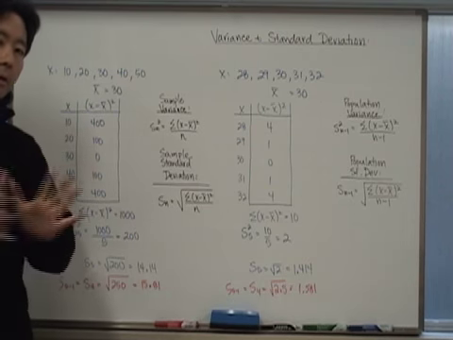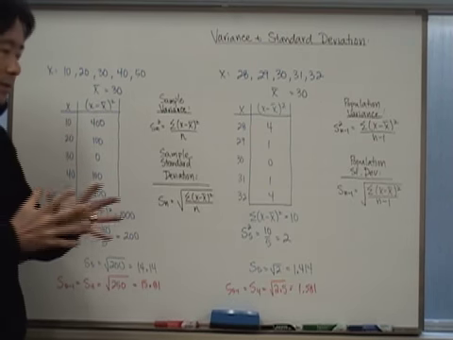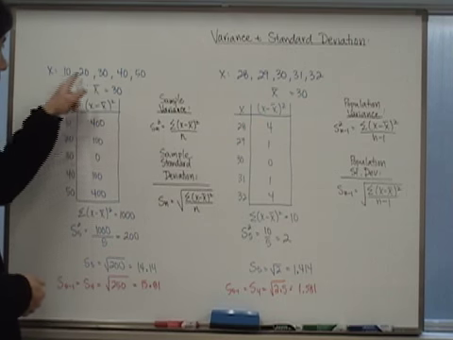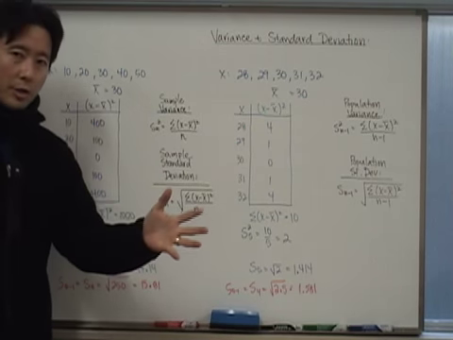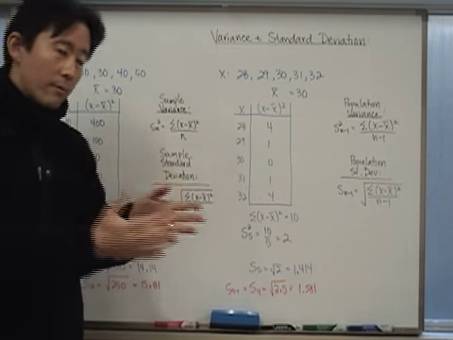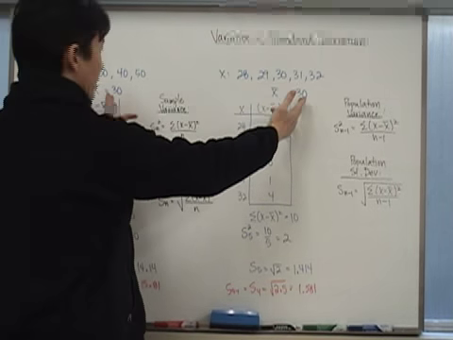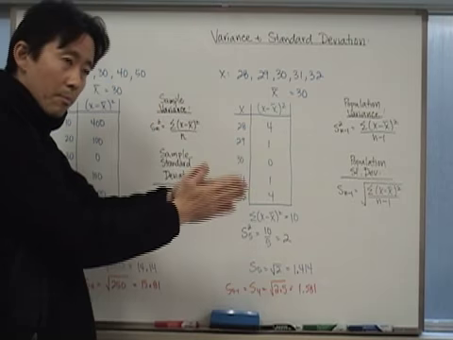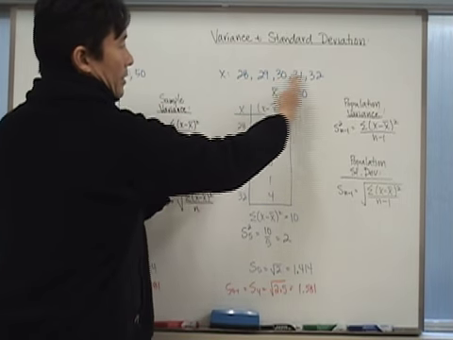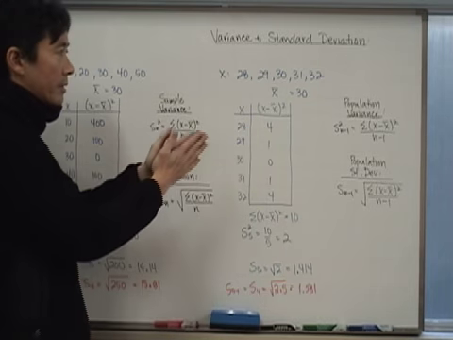Now, let's just stop here and see what those numbers actually represent. Notice that in this particular case here, the spread is much larger. In this case over here, the spread is much smaller. Of course, remember that for both of those, the mean is 30. So from the mean, how spread out are these values? These values are spread out very, very little.